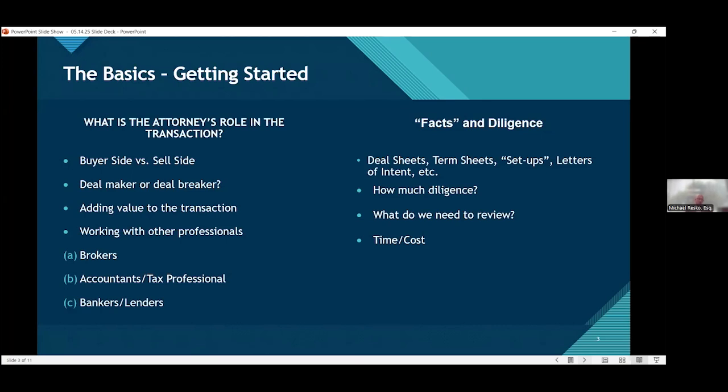Which side we fall on informs what we are going to do. Deal maker or deal breaker?